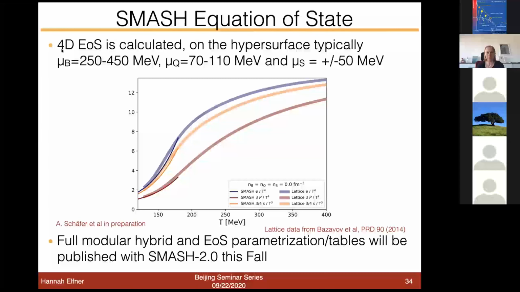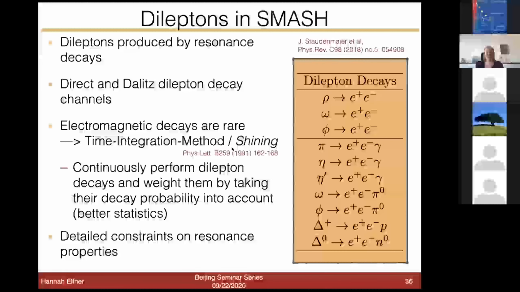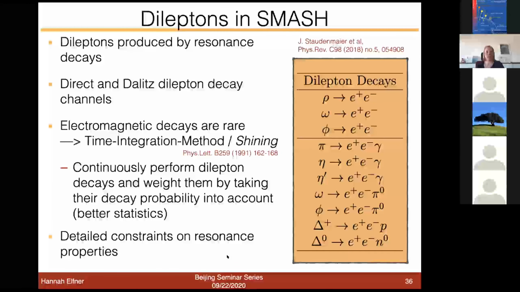So now let's get to the electromagnetic probes. We can not only produce hadrons, but we can also produce dileptons and photons. The dileptons in our approach are mainly produced by resonance decays. So there are some direct decays, then there are these Dalitz decays, so three-body final states. And we are using a method called the shining method.